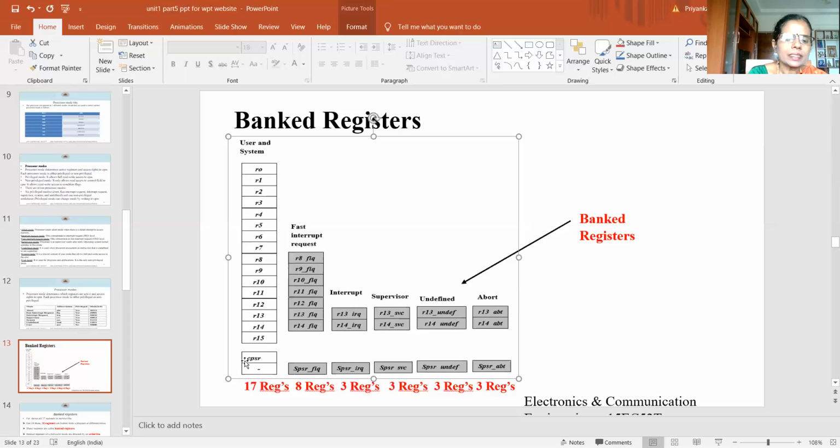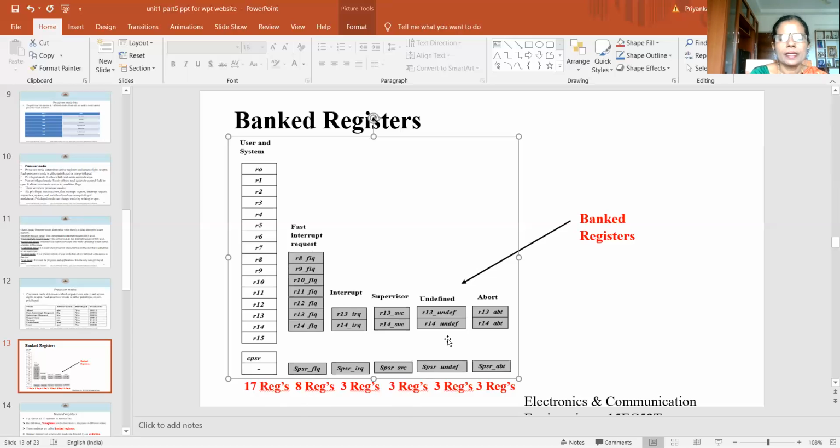Now the total registers in user mode and system mode are 17. You count it, they are 17. In fast interrupt request mode, the number of registers used is 8. Here there are 7, and one more is plus 1, so 8 registers. Interrupt request mode, 3 registers: 2 are banked registers and 1 banked register for SPSR, making 3.